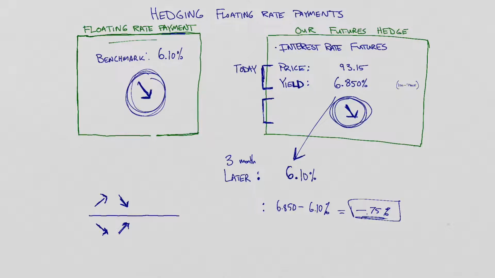And in fact, the math, just to clarify, it should be the other way. We started out at 6.85 and it went to 6.10. But what happens is that this is a futures contract and we shorted it.